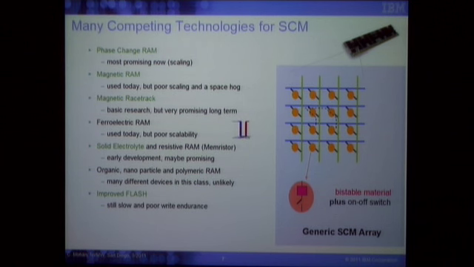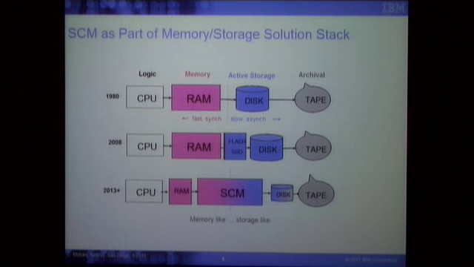Again, I don't think I should spend time on this at all, except to point out that there are different kinds of storage class memories that people are working on. And what we have chosen to focus on, as I said before, is PCM. So the SCM is fitting somewhere in between RAM and disk.